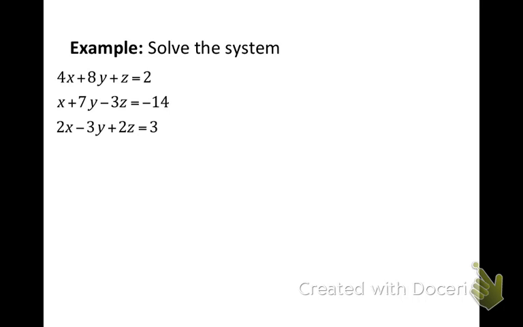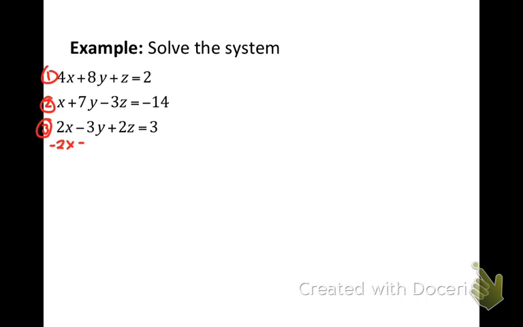X. Okay, so if you want to get rid of x, the easiest way to get rid of x would probably be looking at 2 and 3. Multiply line 2 by a negative 2. So I'm going to rewrite that underneath 3. So that would get me a negative 2x. We're doing negative 2, right?